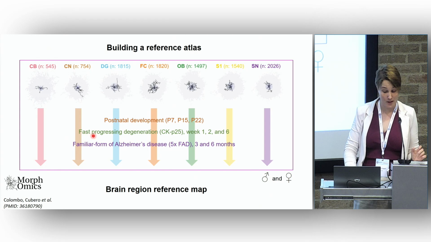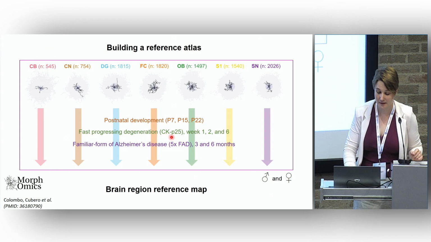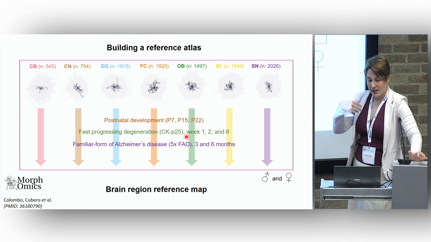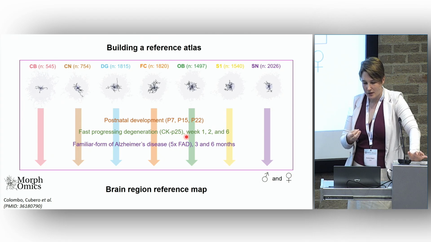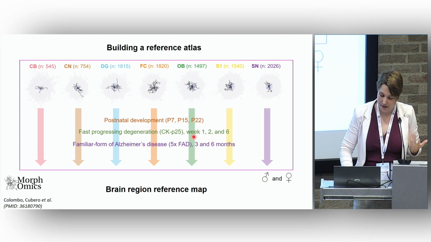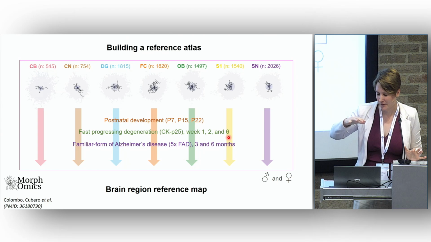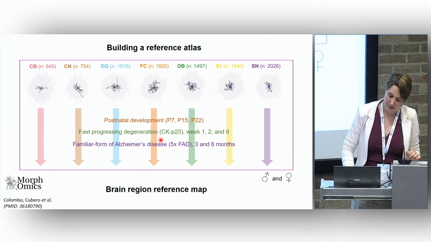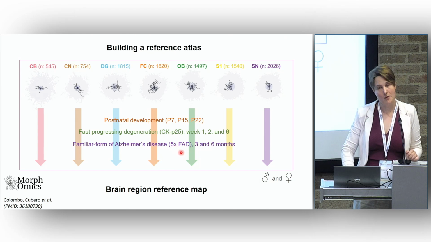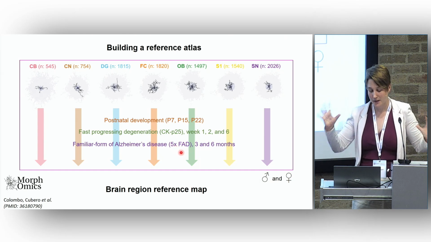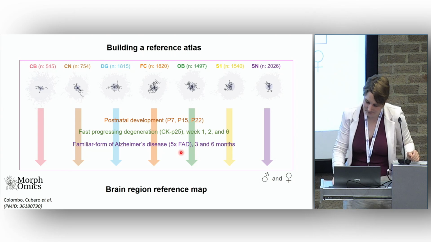We have a fast progressive degeneration mouse model, the CK-p25, where we selected three time points. By activating it, within about 6 weeks you have an absolute degeneration of the hippocampus. And then we have the familial form of Alzheimer's disease, the 5xFAD model, where we looked at 3 months and 6 months. Again, male and female in at least triplicates.